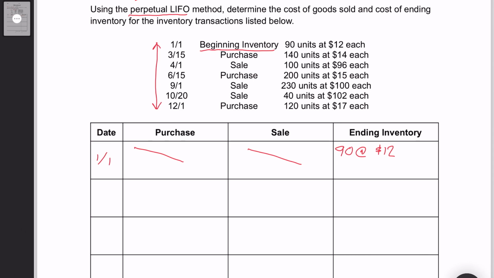The next transaction that we had on 3/15 was a purchase. I'm going to see that I have a purchase, which was 140 units at $14 each. There was no sale associated with these, and that leads us to our ending inventory.